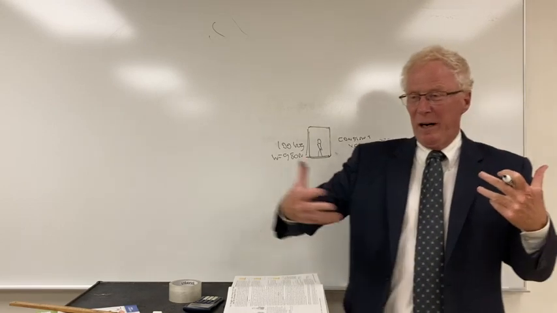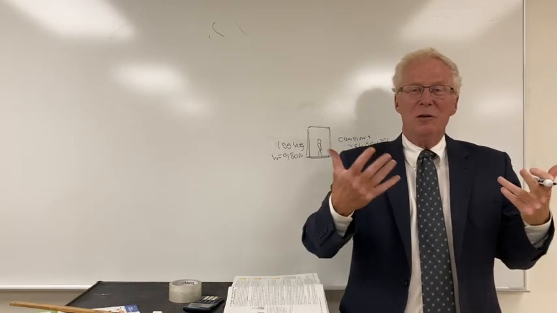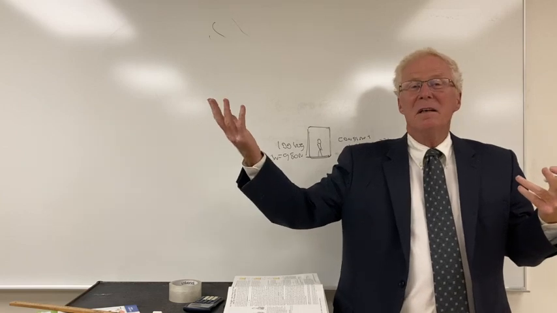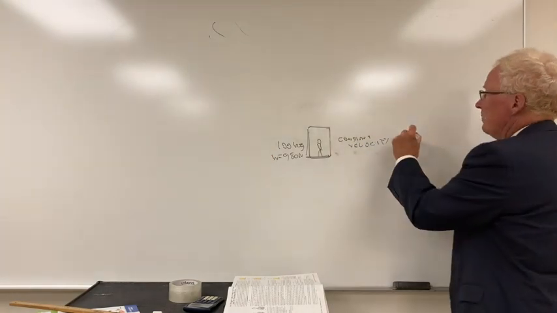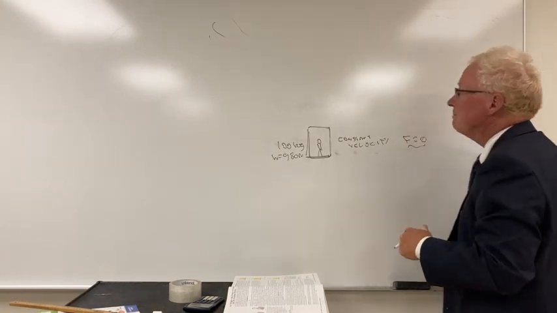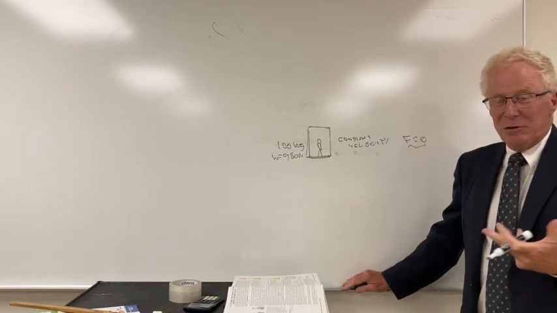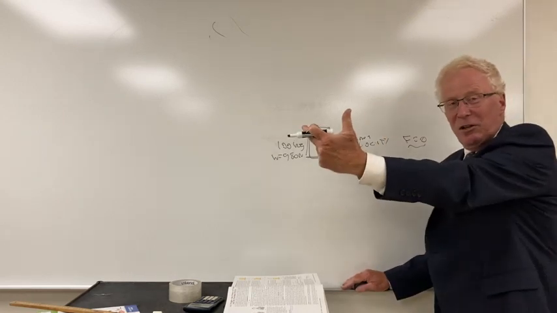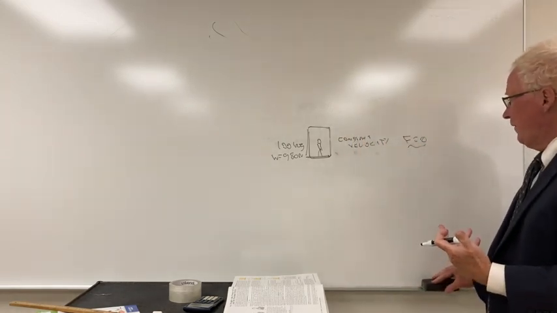It's the same as riding in a train going 200 miles per hour or in a plane. You really can't tell any difference because constant velocity means the net force is 0. All right? And so you feel no effect. Constant velocity makes nothing.